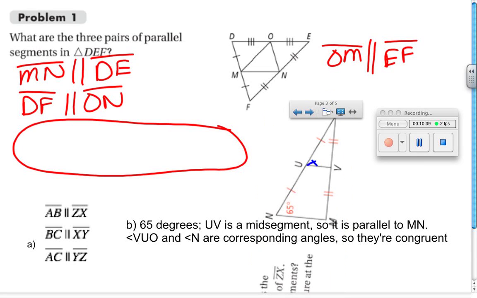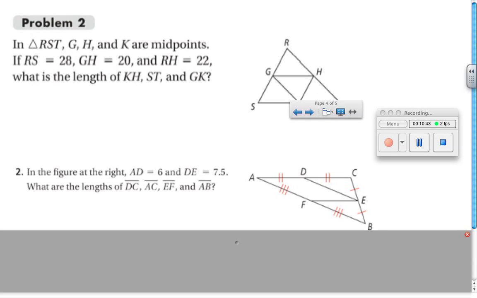Okay, all right, in problem 2, I am given that there are midpoints, gentlemen, in this diagram. I go from there to realize that segments GH, HK, and GK are all mid-segments.